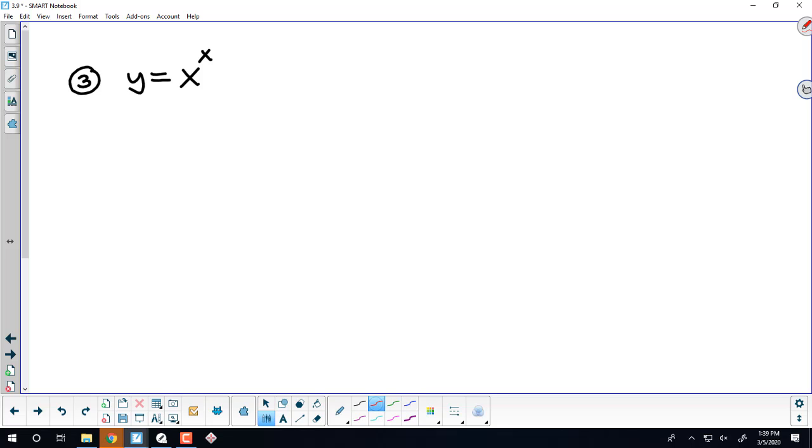So the property that we're using is that something like that is the same thing as e to the b times the natural log of the original base. So we should know that even though we can use logarithmic differentiation now on something like this, especially when we get into chapter 4, we have to utilize that fact.